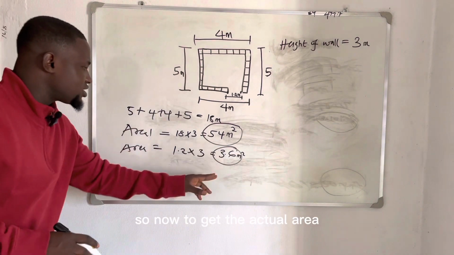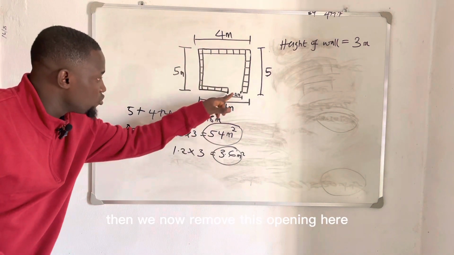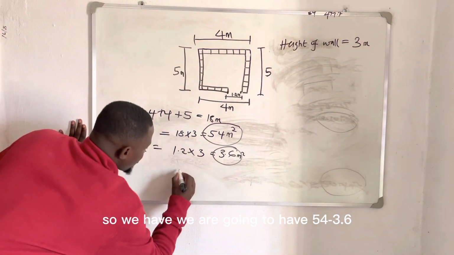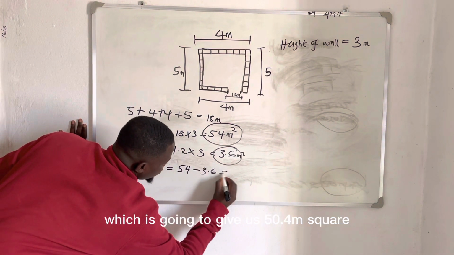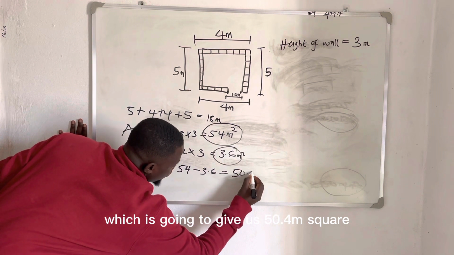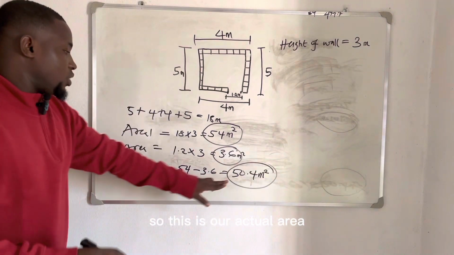So to get the actual area, we take the main area, then remove this opening here. So we have 54 minus 3.6, which is going to give us 50.4 meters squared. So this is our actual area.